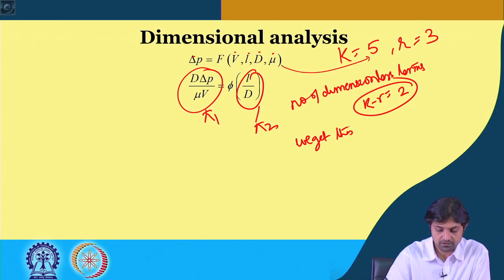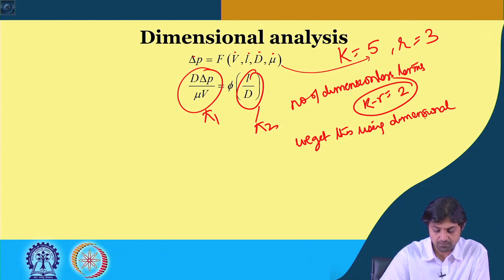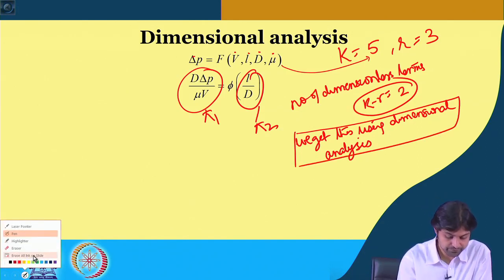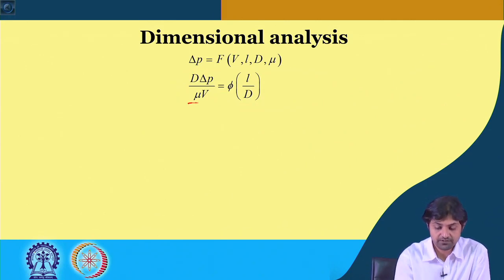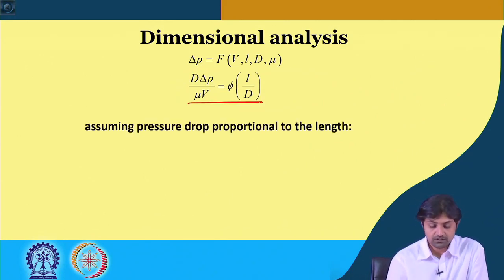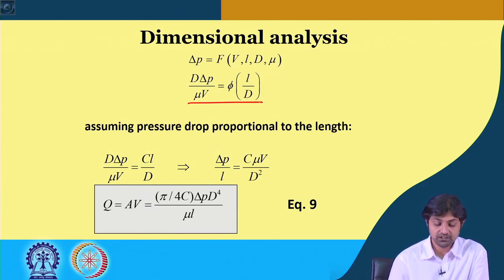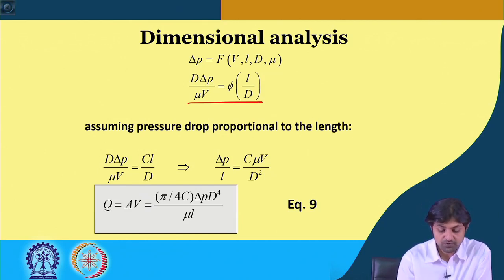We get this using dimensional analysis. All right. So using dimensional analysis we get this result. Now assuming that the pressure drop is proportional to the length, so we say that D delta p by mu V is directly proportional to the length, so it becomes C into L by D. All right.